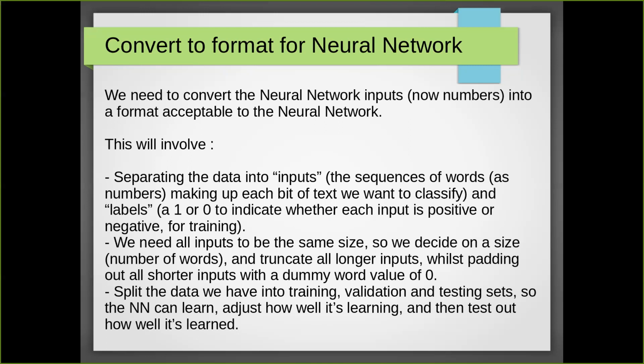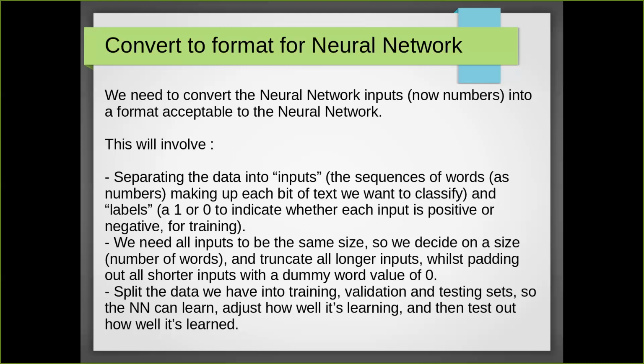So the approach that we take is we decide on a size, a number of words that we think will give us enough information from a review. And then we say that's the maximum review size we want to look at. Anything longer than that, we chuck out the words beyond that.